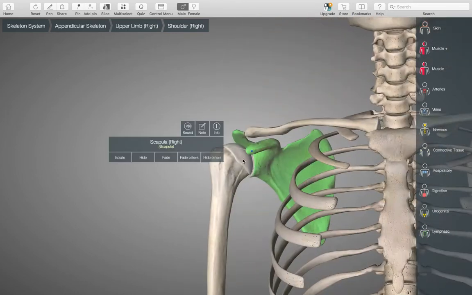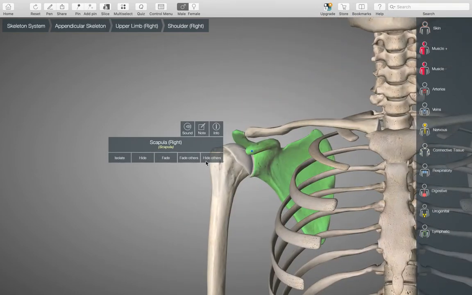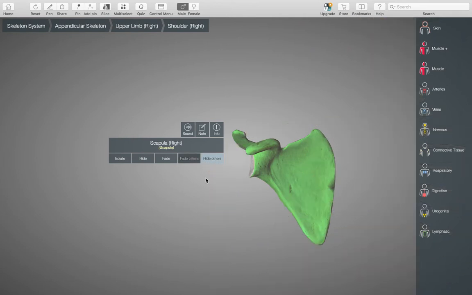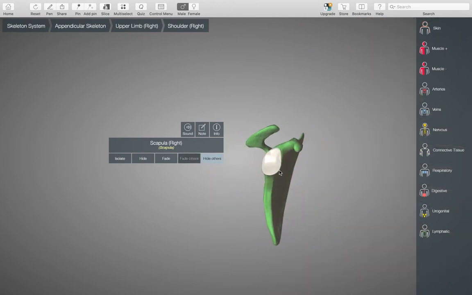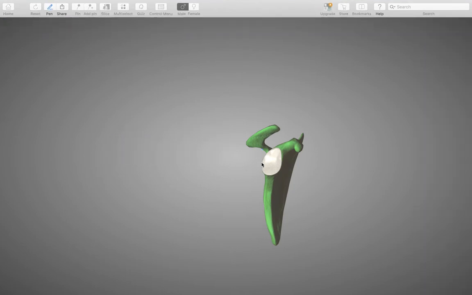The arm fits into this cavity here, called the glenoid cavity.